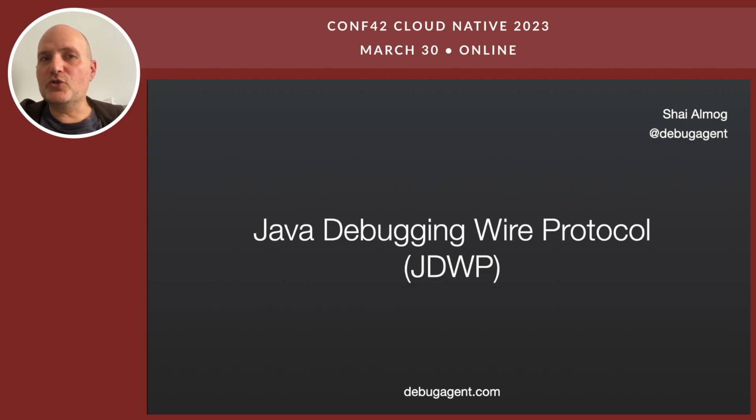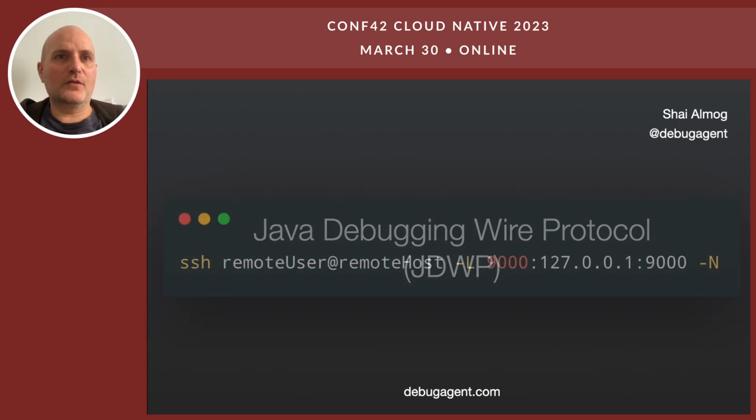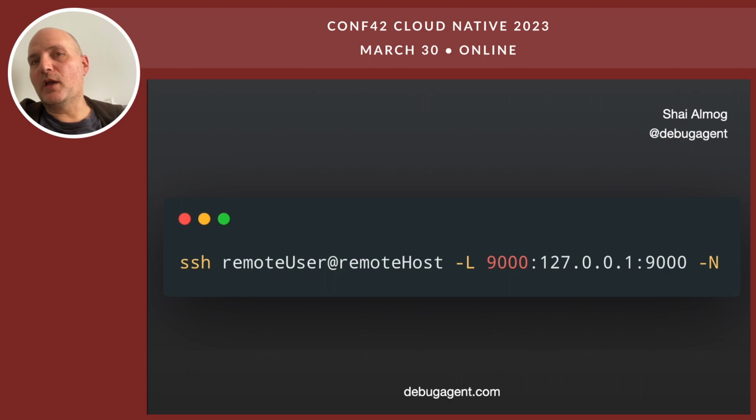A better approach is tunneling. During the age of VPS, we could just use SSH tunneling, like this. We'd connect to a remote host and forward the port where the debugger was running locally. Notice that in this sample I used port 9000 to mislead hackers scanning port 5005, although it wouldn't matter because it's SSH.